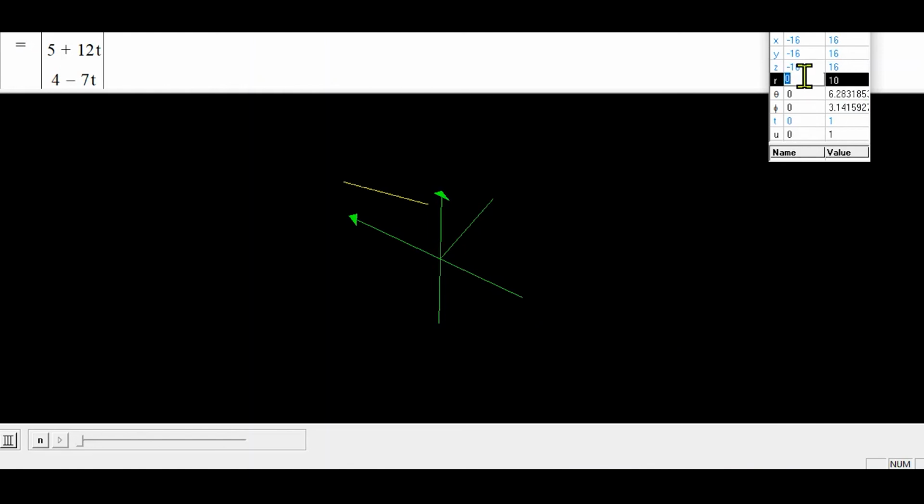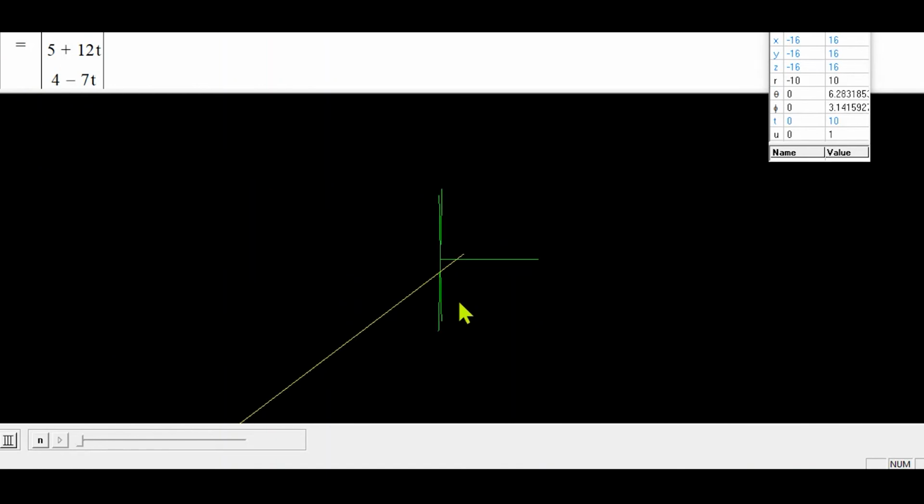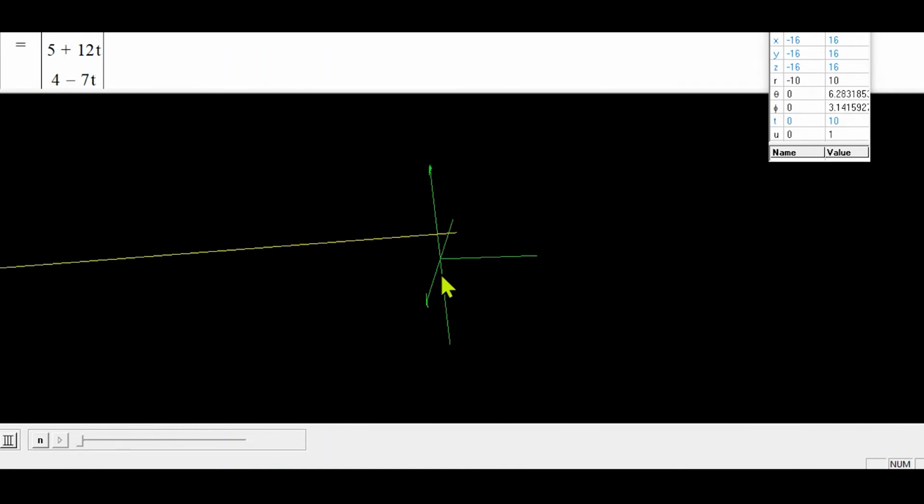Negative 10 to 10. Am I changing the wrong parameter? Yep, I was changing the wrong parameter. Okay, this was my t. 0 to 10, then it becomes this longer, starting from t is equal to 0 and extending it out. So we can actually have an equation of line segment by restricting this domain t. Get it?